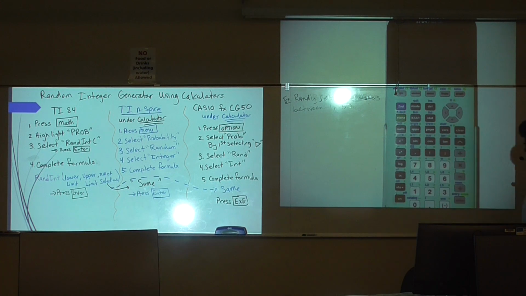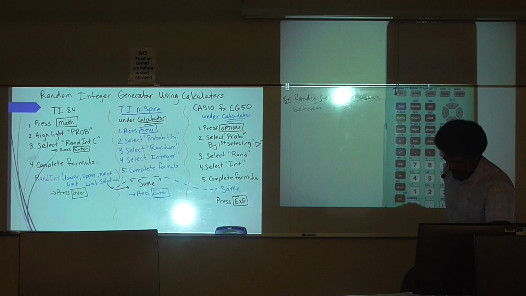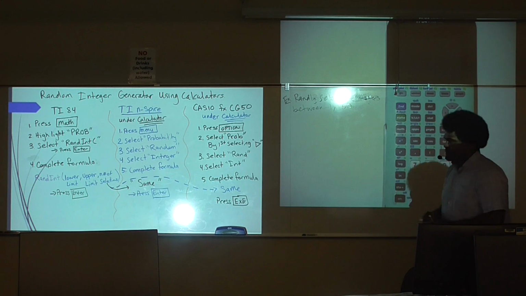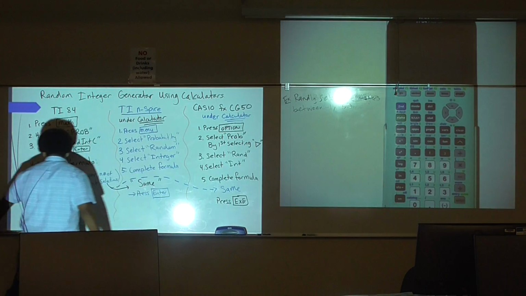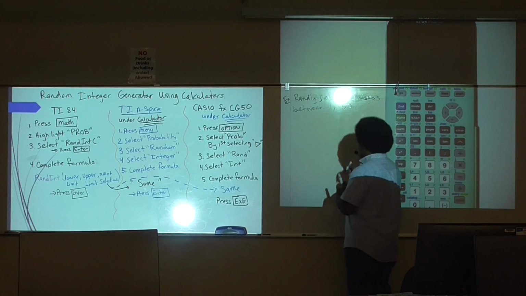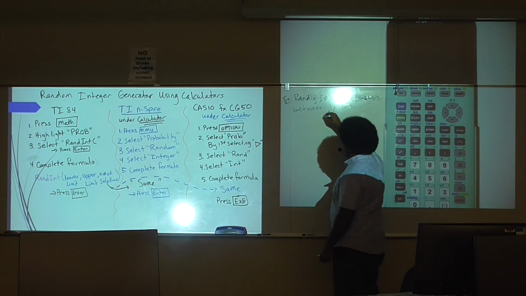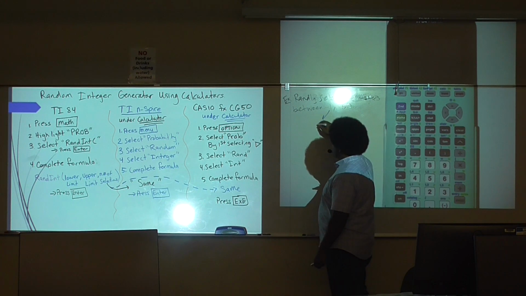So when we're looking at this, we have to ask: what is the upper limit, what is the lower limit, and what is the number of selections when we're doing these problems? The lowest number in the values we're randomly selecting from is the lower limit.